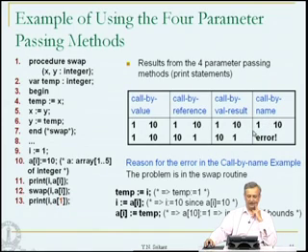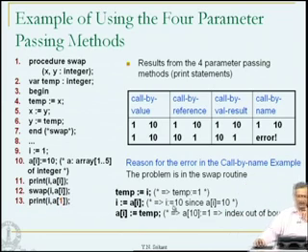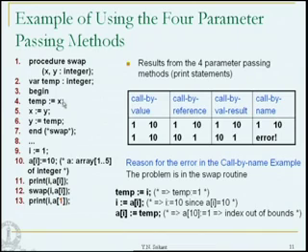Call by name is different. First time it prints 1 comma 10, but then the second call after swap, the swap routine itself issues an error. Why? Let us look at the inside of the swap routine by textual substitution. So, temp equal to x becomes temp equal to I, because x is I, and x equal to y becomes I equal to a[I].